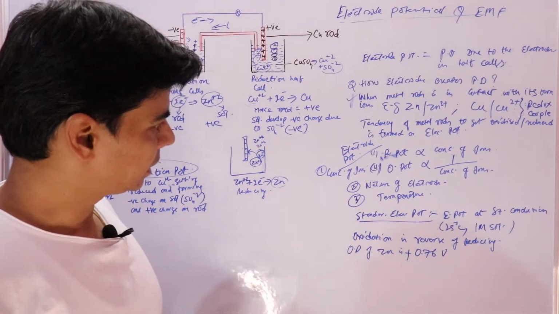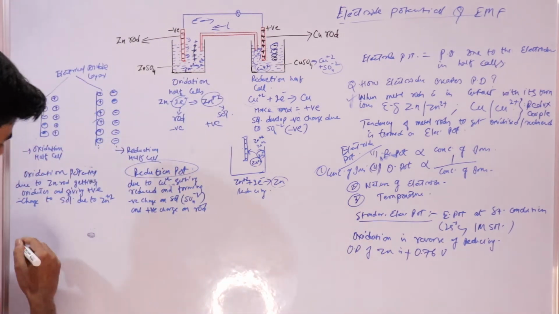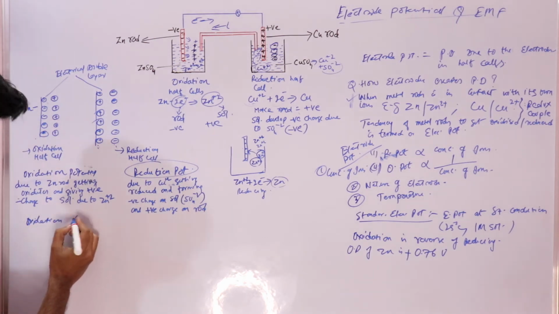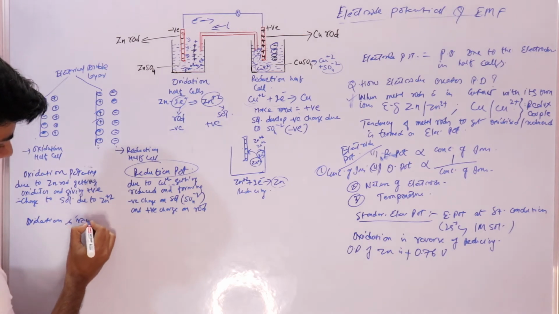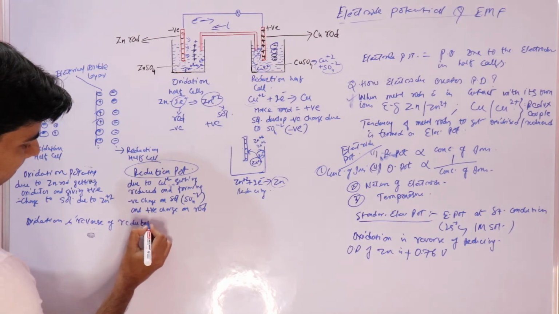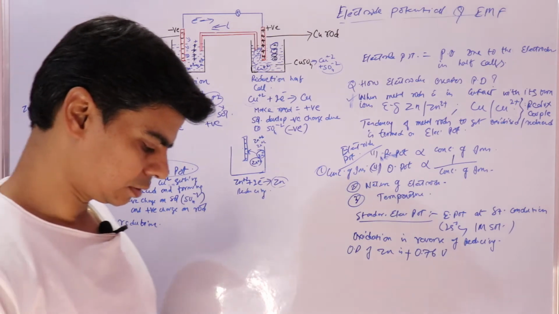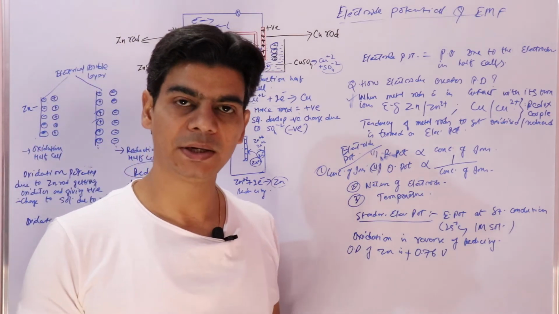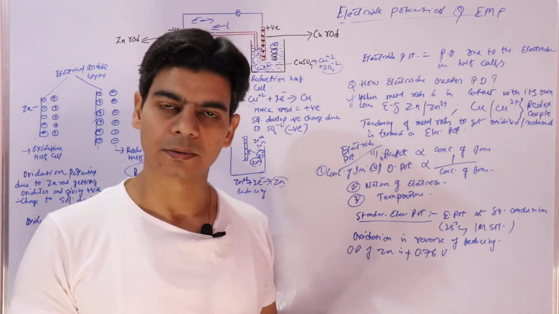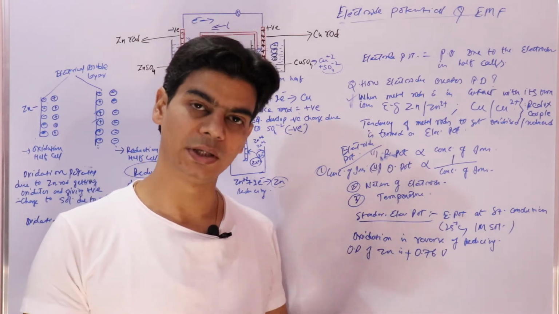We say that oxidation is the reverse of reduction. So if oxidation potential, that is the ability to oxidize of a certain metal, is higher, what about reduction potential, that is the ability to get reduced?